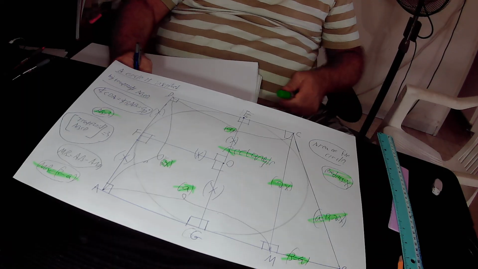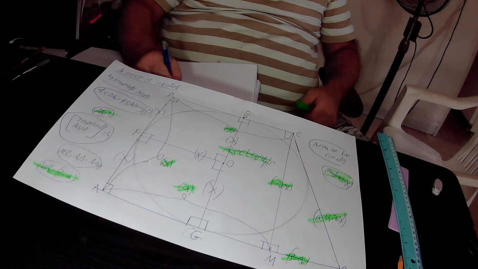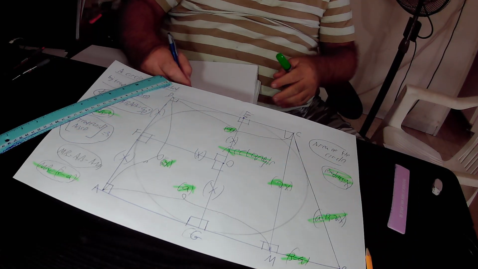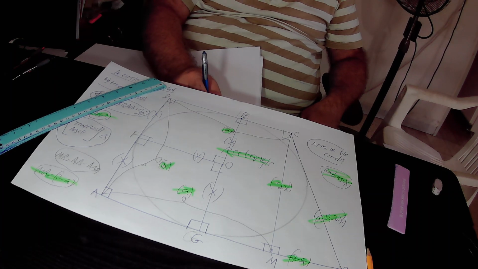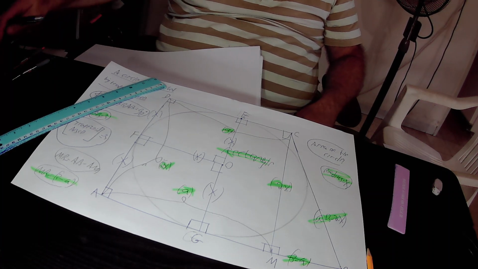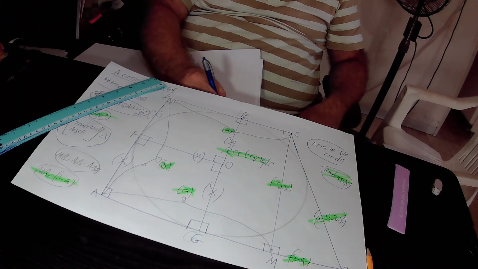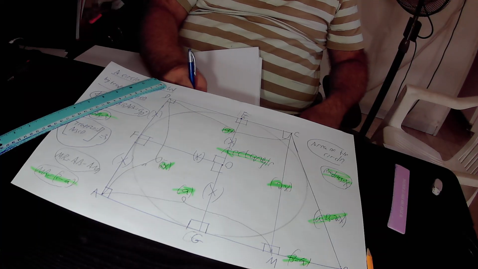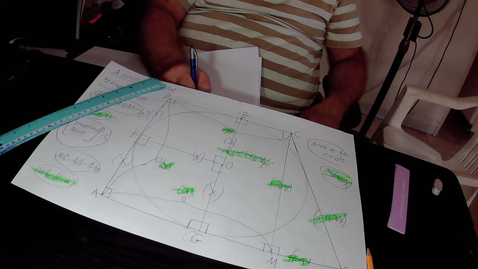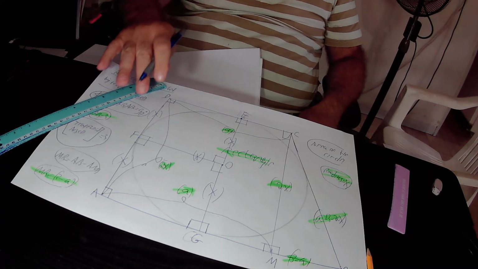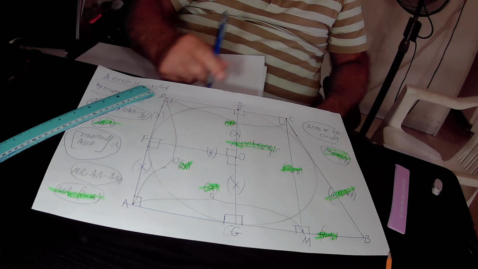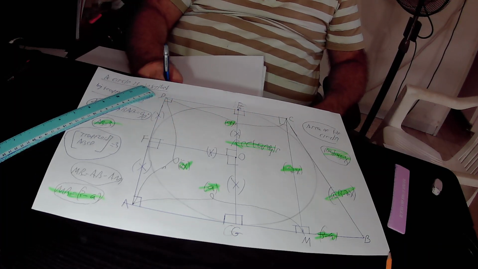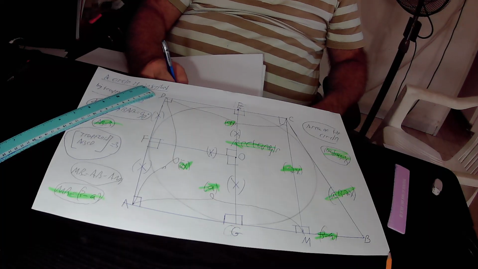The area of trapezoid ABCD is equal to the sum of its two parallel bases, that is to say DC plus AB, times the height.